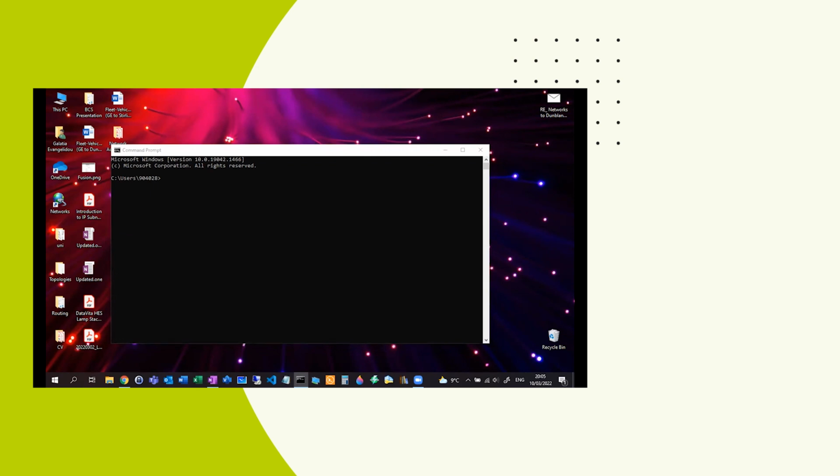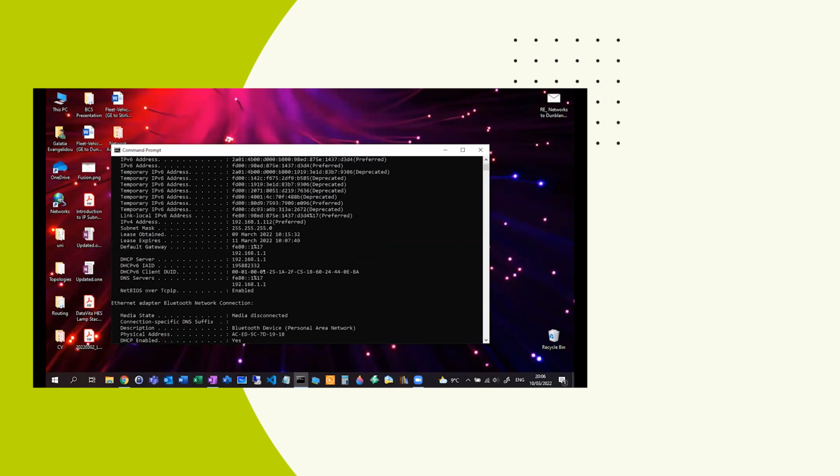It's ipconfig slash all. So this is the command I'm going to type in here. This command allows me to see the network information my computer uses to communicate to the network, to connect to the network. So ipconfig slash all and hit enter.